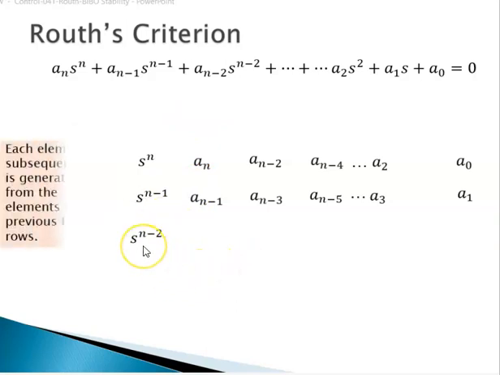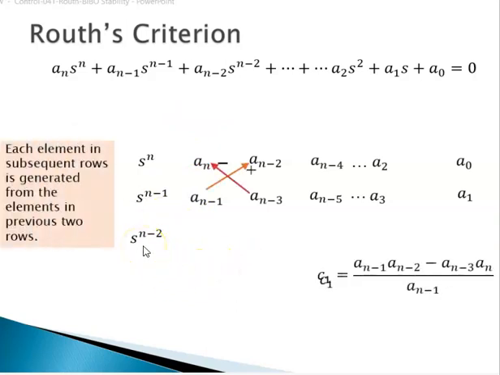The S power n minus 2 row is built from the previous two rows. You can see you are multiplying cross up right with a positive sign, cross up left with a negative sign: an minus 1 times an minus 2, the product of them minus the product of these two.